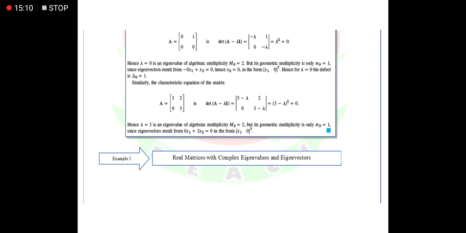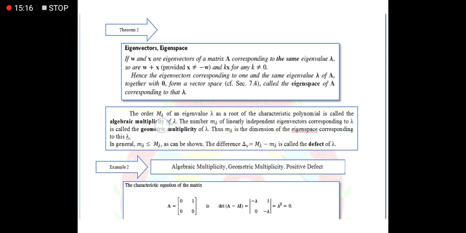So, pakibasa na lang yung examples na yan, no? Again, itong example number 2 is just an illustration of this statement here. Pakibasa na lang statement dito. Okay? Itong statement na to, naka-indicated dyan kung ano yung tinatawag na algebraic multiplicity at saka geometric multiplicity.